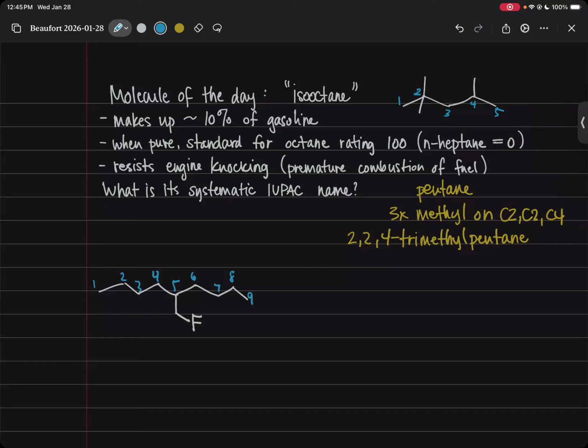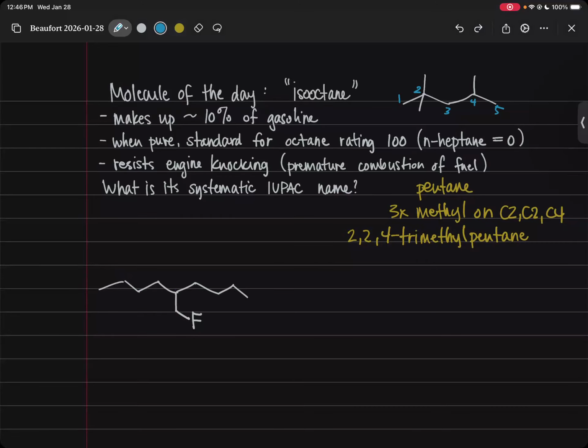And okay, we have the substituent on carbon 5, but you'll notice that we have a CH2 and an F, and those are attached. The F is attached to the CH2, which is attached to carbon number 5. I haven't taught you how to name that, and we're not going to talk about that because this is not the correct parent chain.